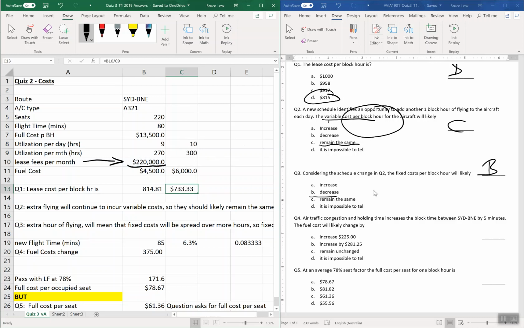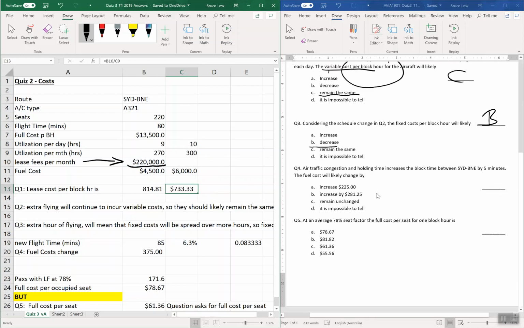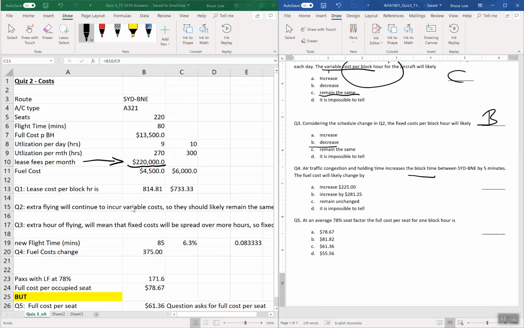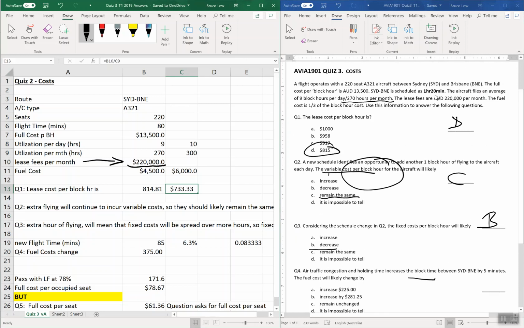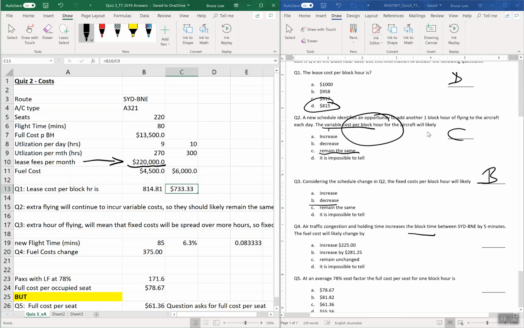Okay, so question 4 is saying air traffic congestion increases the block time between Sydney and Brisbane by 5 minutes. So block time here we're talking about. So remember block time is measured in hours or block hours. So it's 5 minutes longer. So previously, if you go back to the top of this question, it says that our flight is an hour and 20 minutes, which is 80 minutes of flying time.